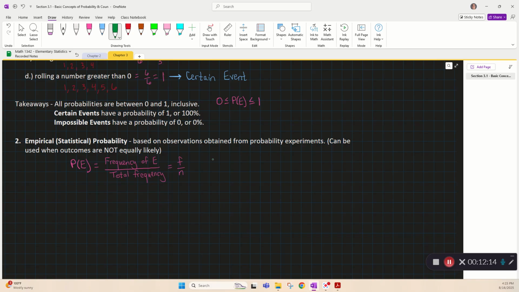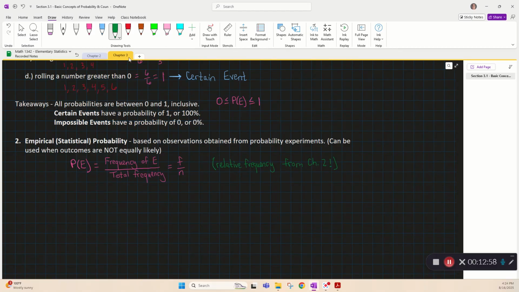I think this is called relative frequency from chapter 2. Relative frequency. My handwriting is atrocious today. Yikes. From chapter 2. So that's empirical or statistical probability. We take the frequency the event happened over the total frequency.